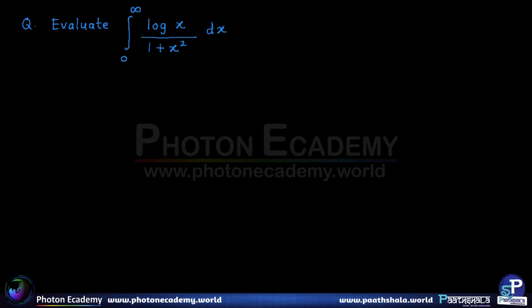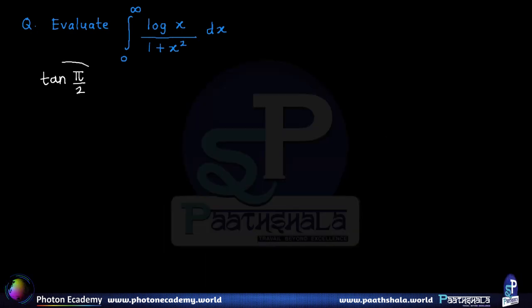Looking at the expression, where does infinity come into the picture? That is when we consider tan of pi by 2. Although technically we say that tan of pi by 2 does not exist, it actually approaches infinity. As the angle becomes closer to pi by 2, the tan of that angle approaches infinity.